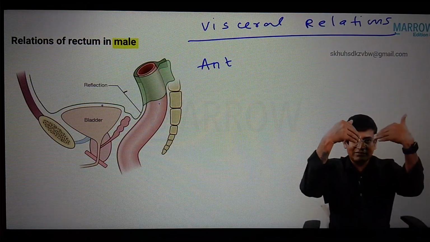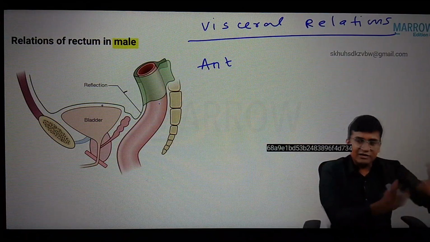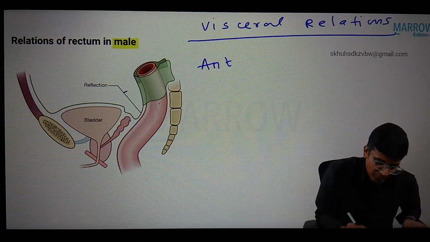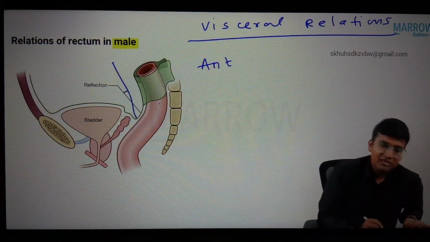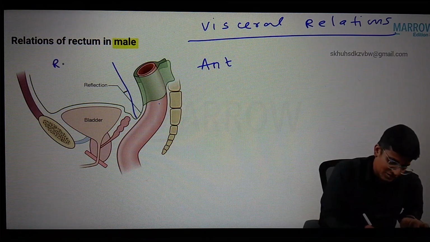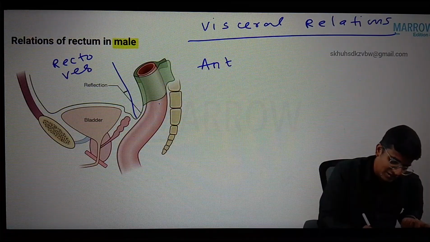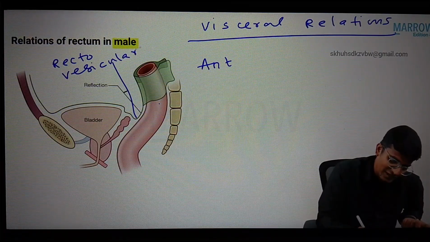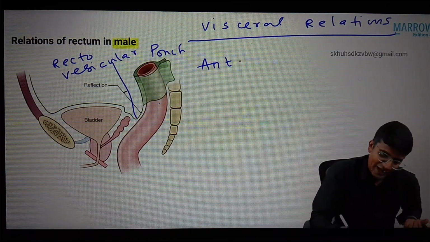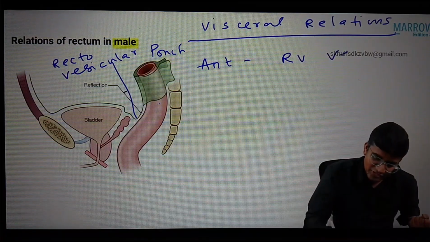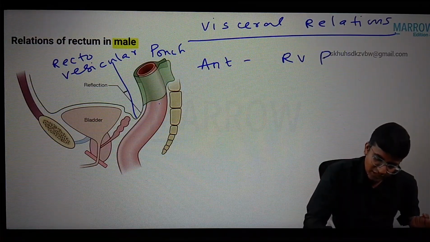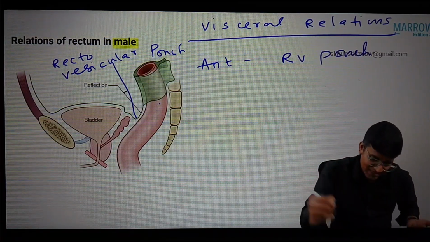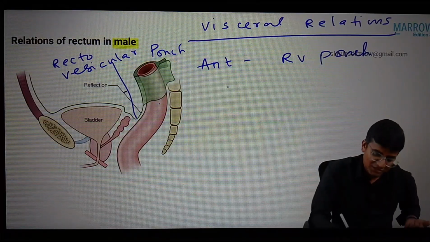I told you the peritoneum covers the middle one third in the front side and reflects to the bladder, forming one pouch here. This pouch is called the rectovesical pouch. So anteriorly, we have the rectovesical pouch.